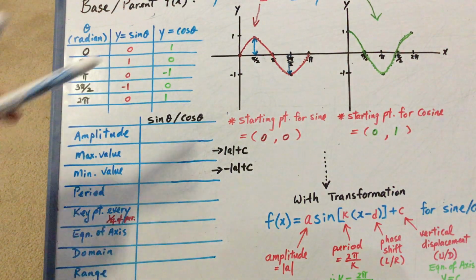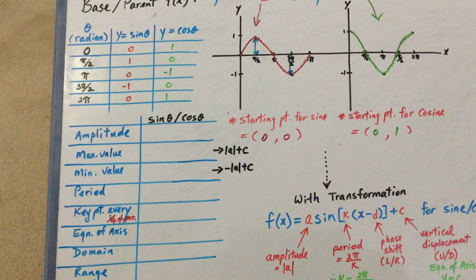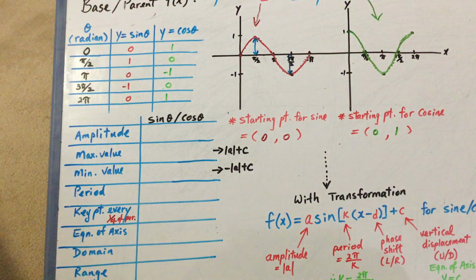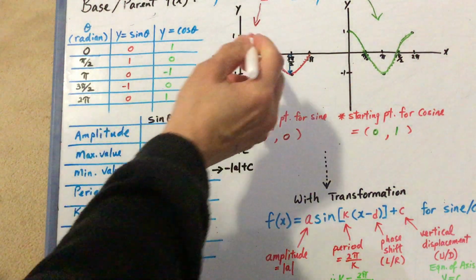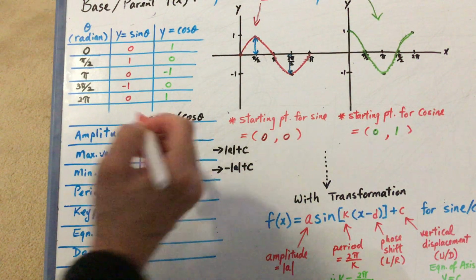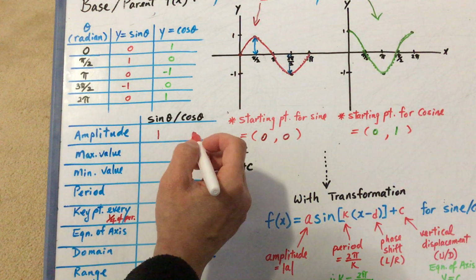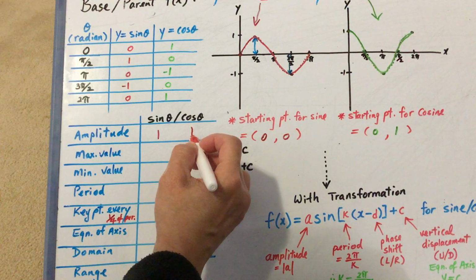Or you can say this is half the vertical length between the max and the min. The amplitude for the parent functions is just 1 unit here. So it's 1, and this is going to be the same for the cosine as well. The amplitude is 1.